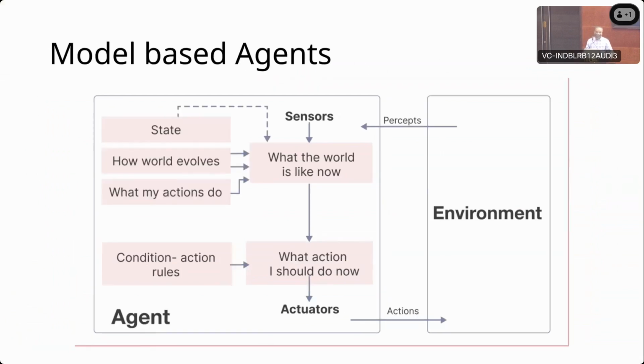Then we have model-based agents. In model-based agents, all your knowledge is part of a model, from which the agent draws the actions it needs to perform based on the event which might have happened in the environment, right? It can be your sensors, your software agent, or your hardware agent.